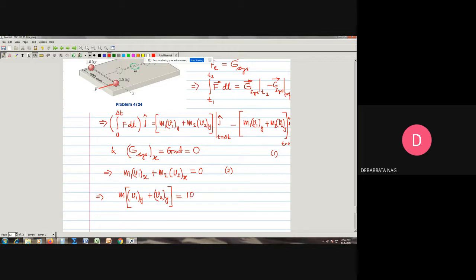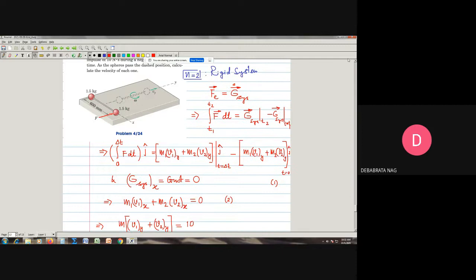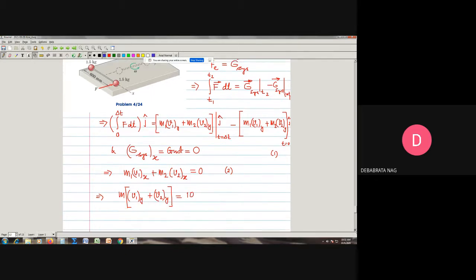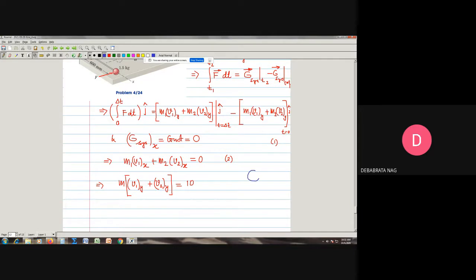We again note from this geometry that this is a rigid system assembly. If we redraw it for you, we can show it like this. This is one mass, this is another mass, interconnected by this light rigid rod.